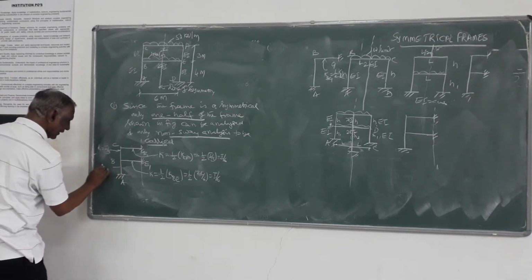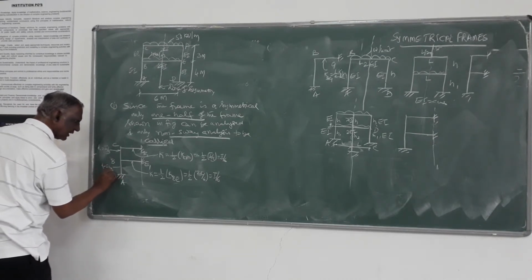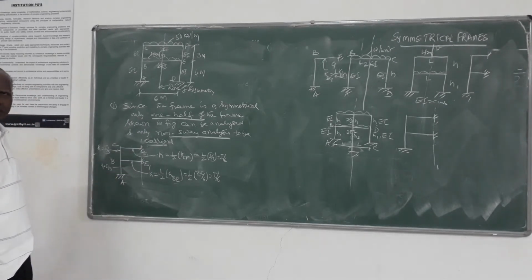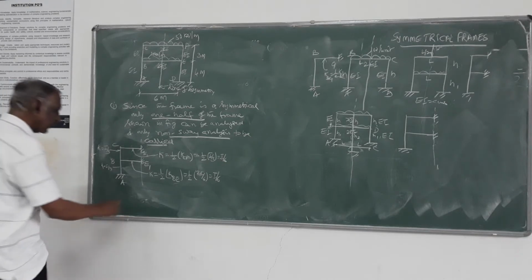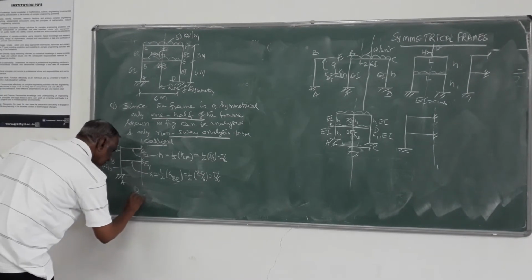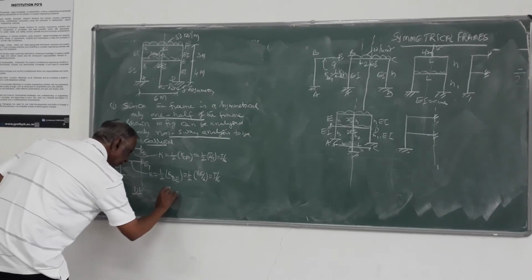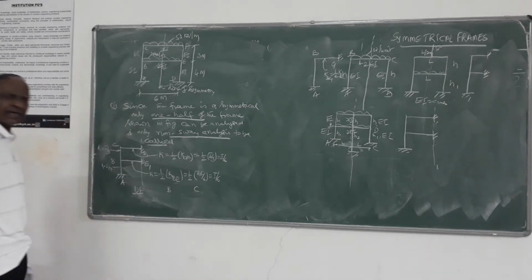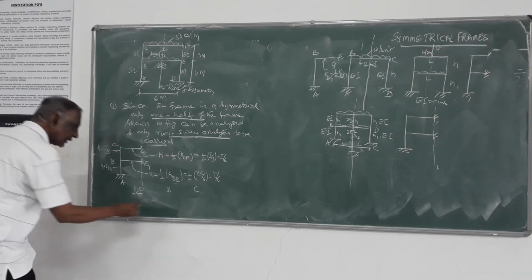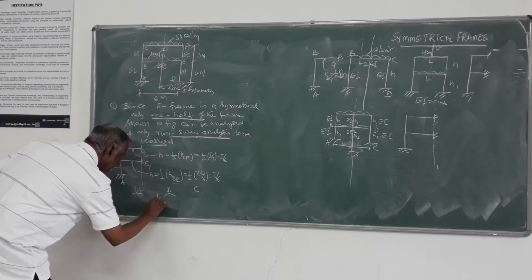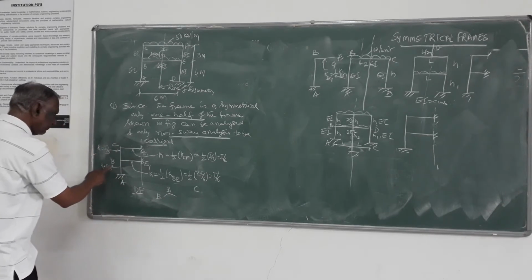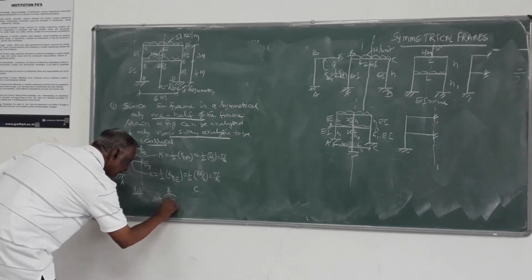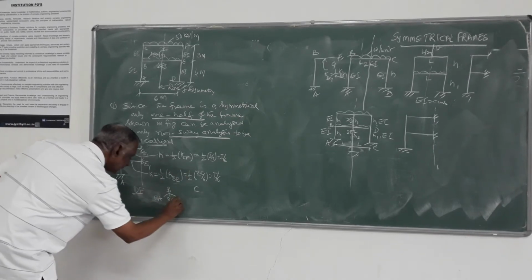Here also K you can take as I by 3. I am writing the K values in the diagram itself, so straight away I can work out the distribution factor by calculation. So at joint B, joint C, only at these two joints I have to find the distribution factor, and at B you have 3 members, BA, BC and BE1.